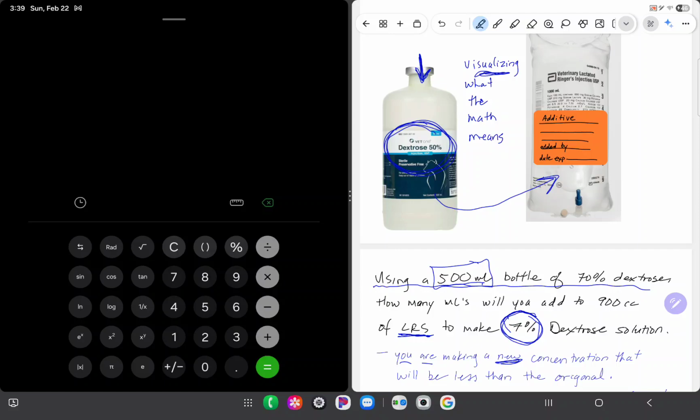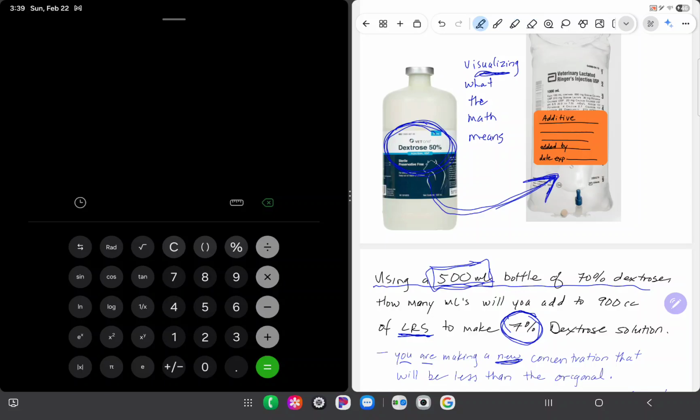The VTNE question is going to throw in this 500 ml bottle nonsense, because this bottle of dextrose is literally 500 mils. That is what you buy from your vendor so that you can have it on the shelf waiting to dilute it into a bag of fluids. So this 500 is irrelevant. That means nothing.